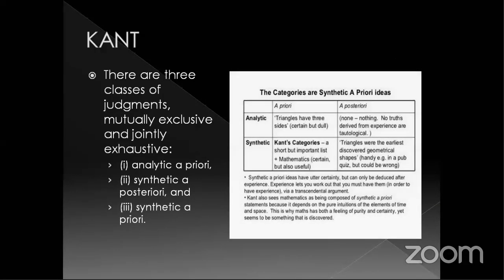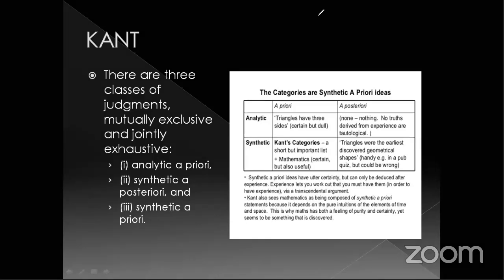So there are three classes of judgments, mutually exclusive and jointly exhaustive: analytic a priori, synthetic a posteriori, and synthetic a priori. So these are mutually exclusive and exhaustive. You can see here, just a second, let me annotate. Where is the pen? Draw. Here you are. Here, this is a priori and this is a posteriori.